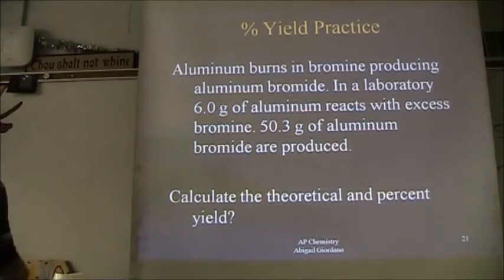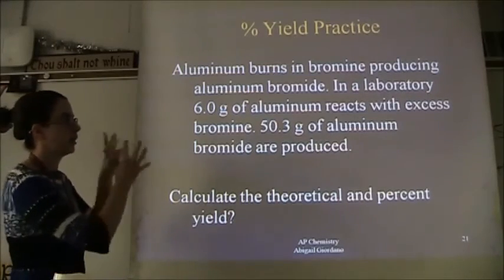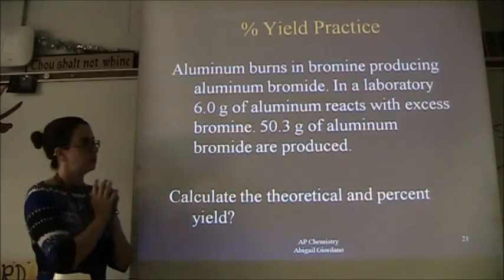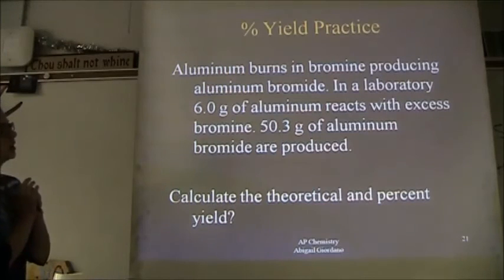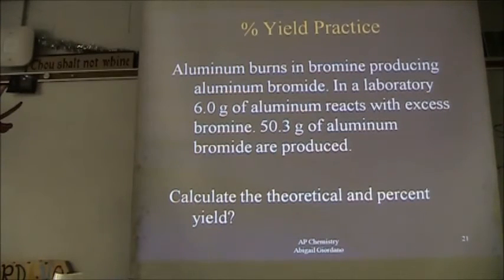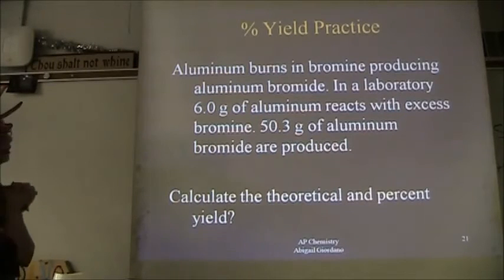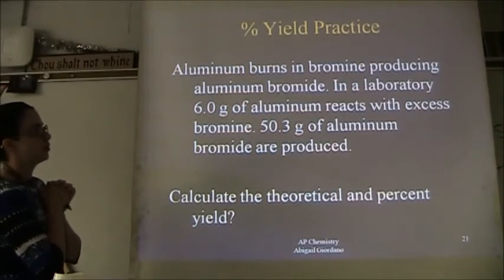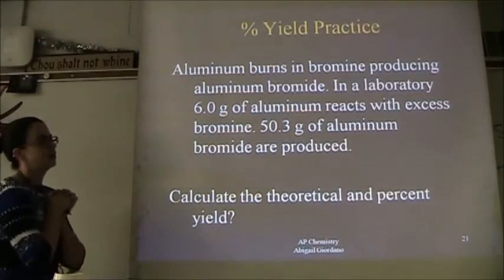Okay, I'm always trying to model that thought process of how to tackle a word problem. All right, it says aluminum burns in bromine, producing aluminum bromide. How nice, they gave us the products, or product. In a lab, 6 grams of aluminum reacts with excess bromine.